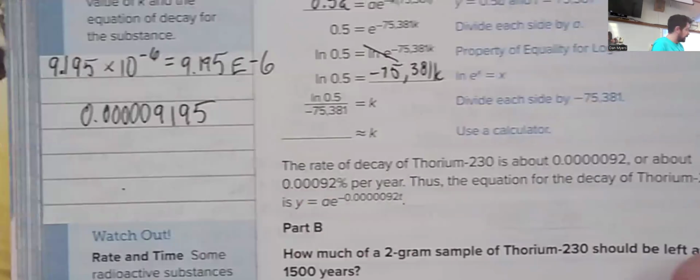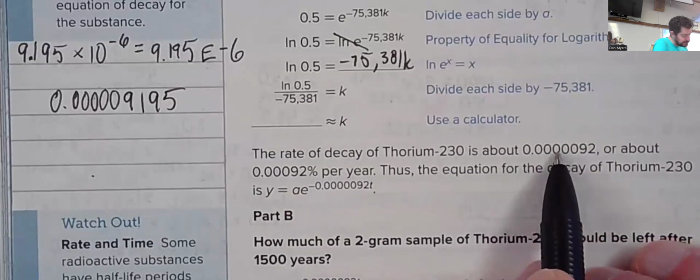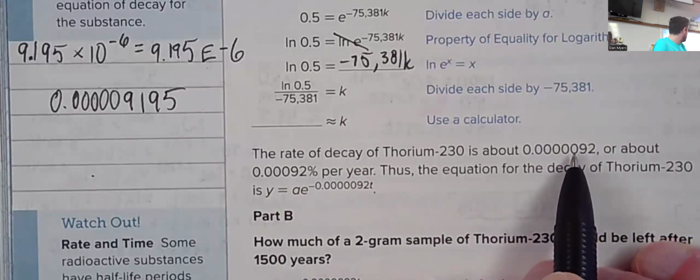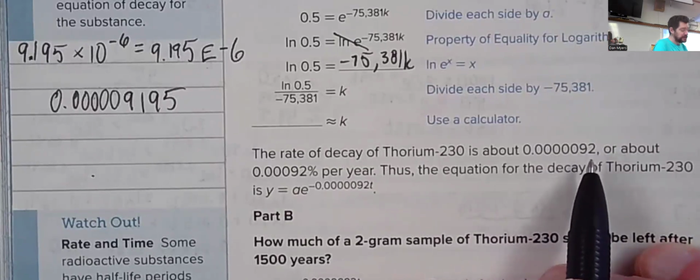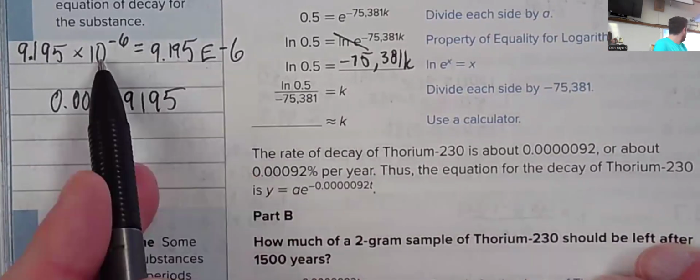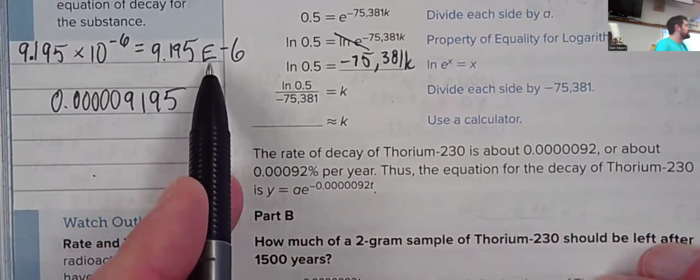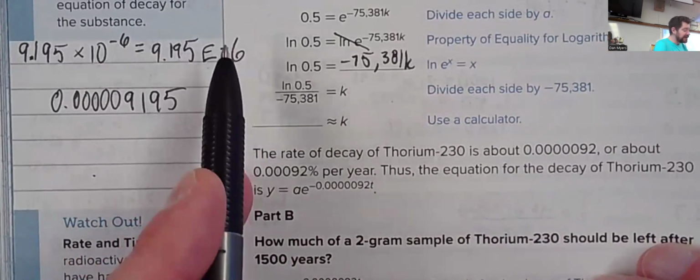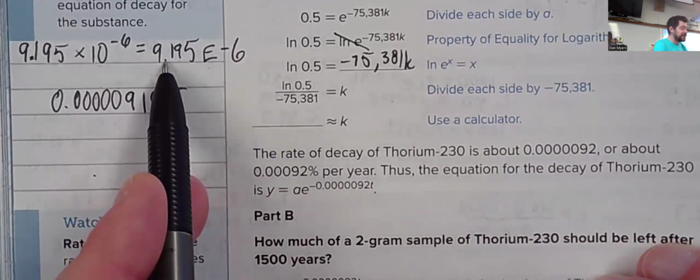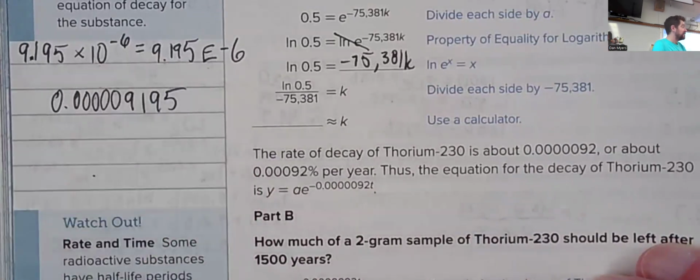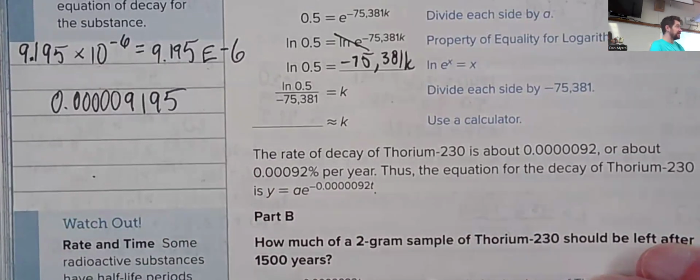And then you can see over here, it is 1, 2, 3, 4, 5, and they rounded the 9195 to 92. So anytime you have scientific notation and you have a negative exponent, you move your decimal that many spaces to the left. If it's a positive exponent, you'd move it that many spaces to the right.